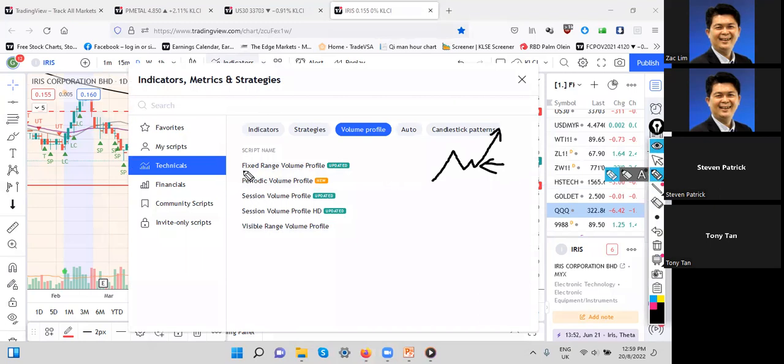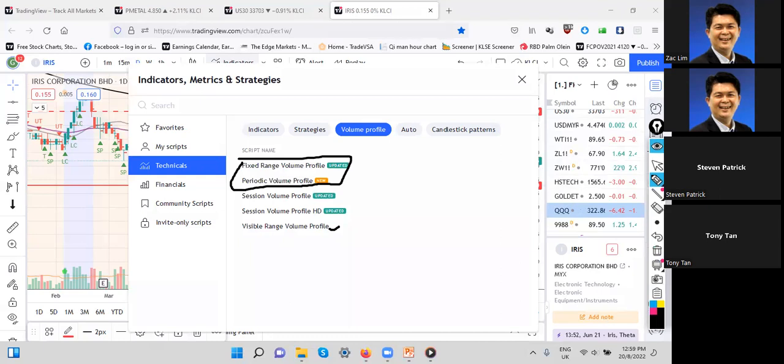Actually sometimes you can use the visible range also. However, the daily chart is a P, am I right? So there is the daily chart.